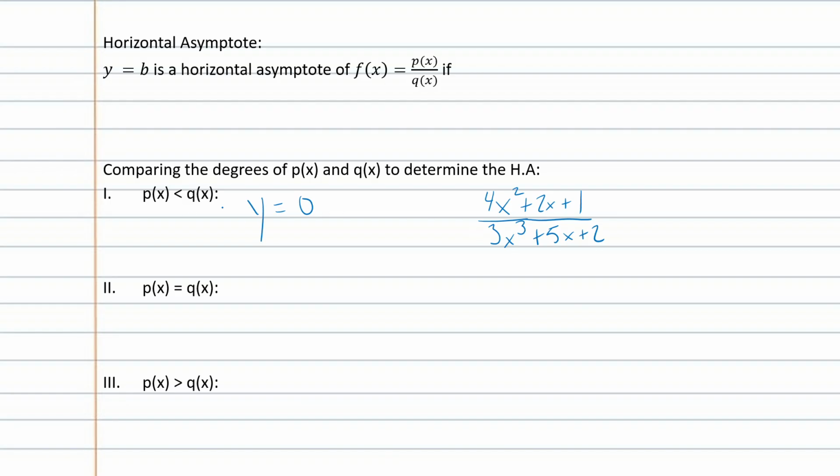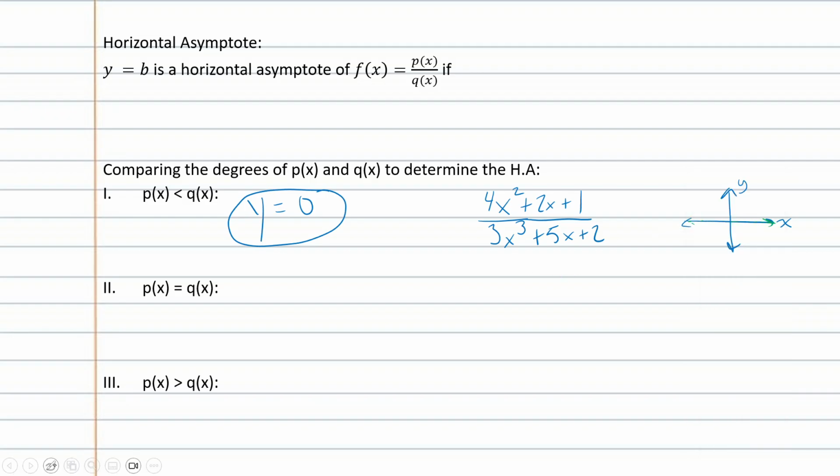In that case, you will have a horizontal asymptote equal to y equals 0. Remember, if you're looking at your coordinate plane, this is your y, this is your x. A horizontal asymptote at y equals 0 is just the x-axis. This would be your horizontal asymptote.